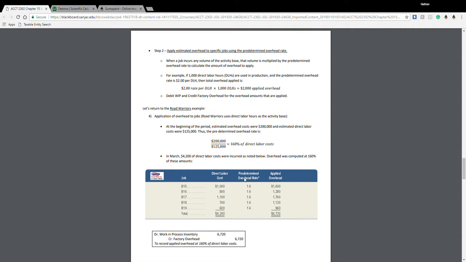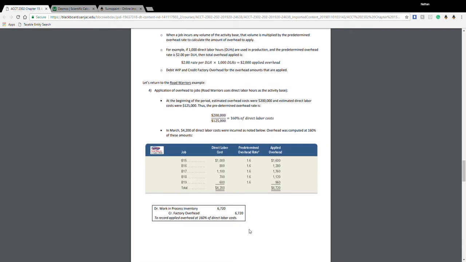And I mean, if you have trouble converting percentages to decimal, just remember, from the end of a percentage, just move wherever the decimal is to the left 2 times. Okay? So, for Road Warriors, they're going to multiply each one and then take the total. That total is going to be 6,720.